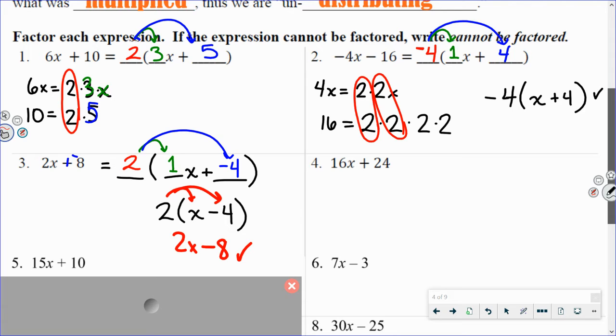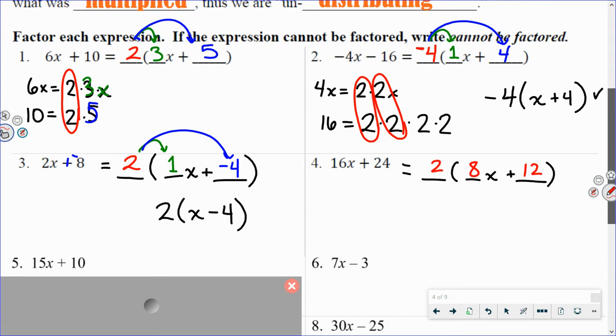Maybe I should say the long way, because once again, we notice that both of those terms are even. So I'm going to take out 2, right? You can take out a 2. Sure, why not? So in this case, 2 groups of 8x would make 16x, and 2 groups of 12 would make 24.